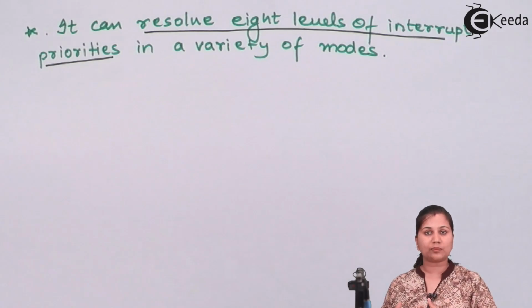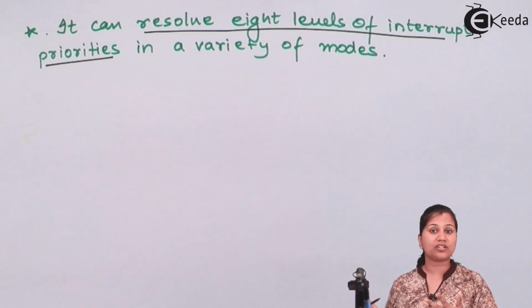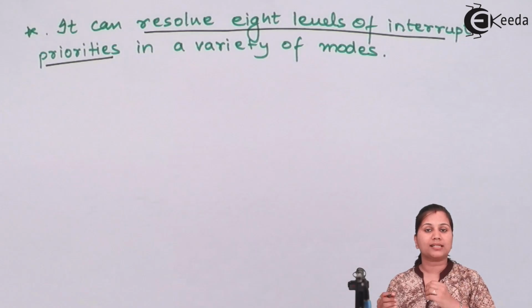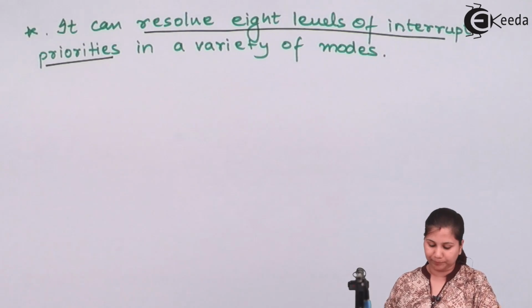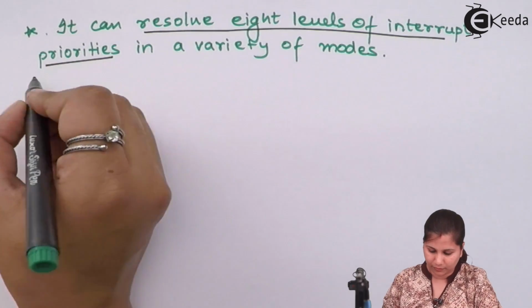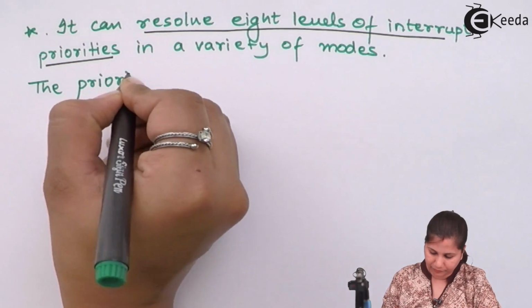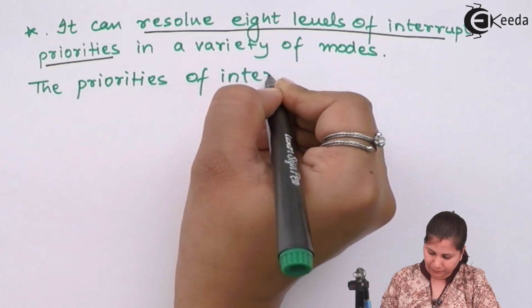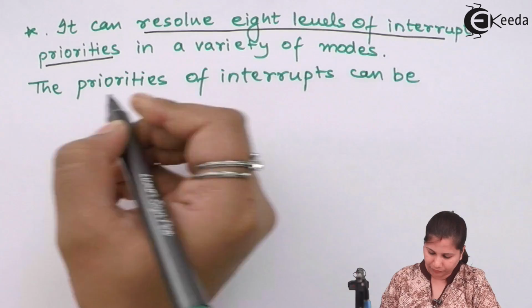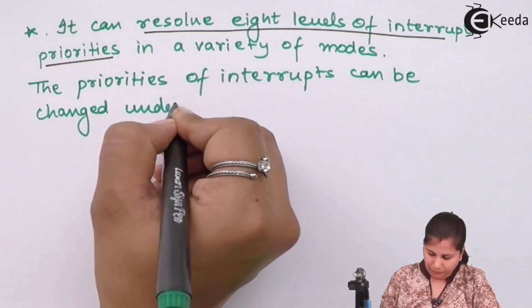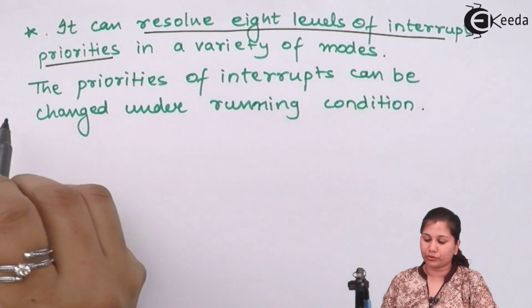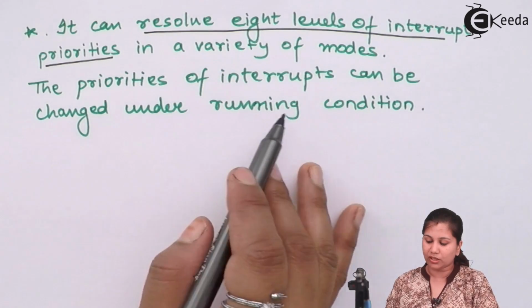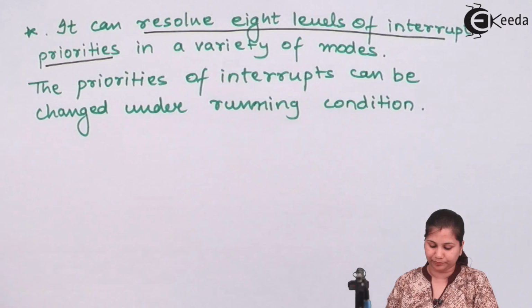In this way, the 8259 can change the priority of the interrupt at any level, even while the service routine is executing. So the priorities of interrupts can be changed under running condition also.